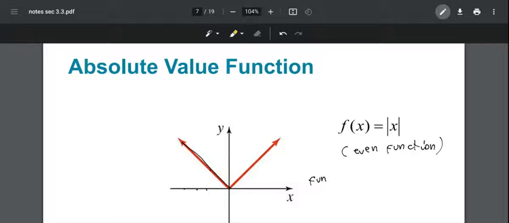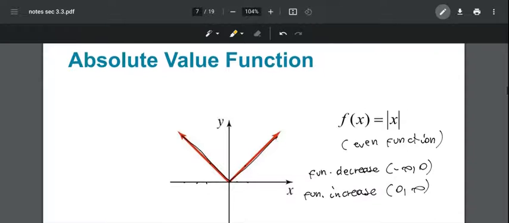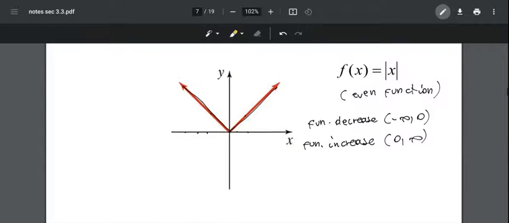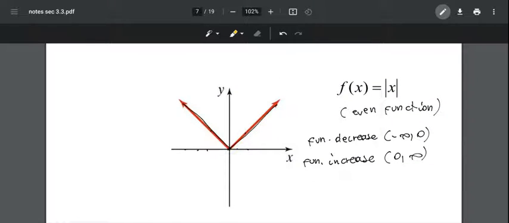So this function decreases, similar to the quadratic function, from negative infinity to 0, and it increases right here, when x is getting larger, y is getting larger. So it increases from 0 to positive infinity. This is the absolute value function. Like you see, this function only has y values from 0 to positive infinity, because we know the absolute value of a negative number becomes positive.